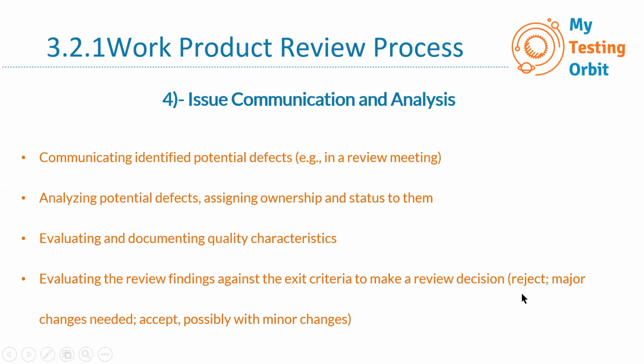As I already mentioned, based on the exit criteria, etc., we decide whether we need to reject or accept. So if major changes are needed, then maybe we just reject it, or maybe accept it possibly with minor changes, that yes, fine, we can accept these minor changes and go ahead.